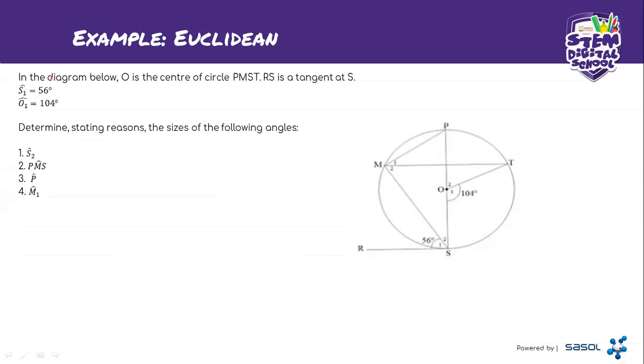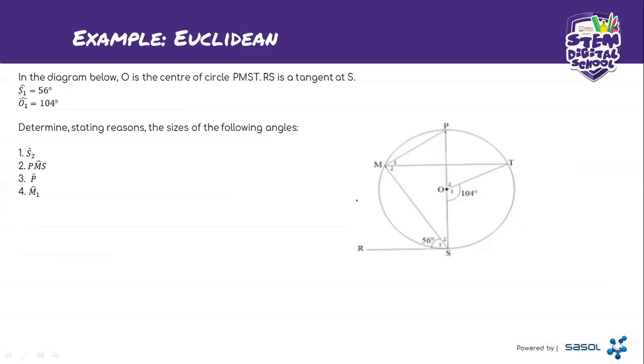It says in the diagram below, O is the center. We can all see the center there of a circle, PMST. Where is P? This is PMST. Those are the points on the circumference of the circle. And then RS, where is RS?